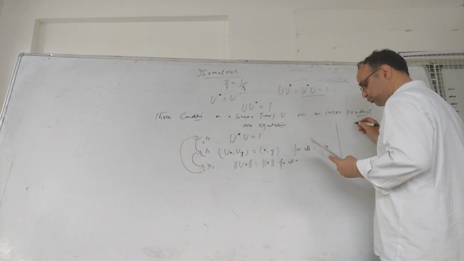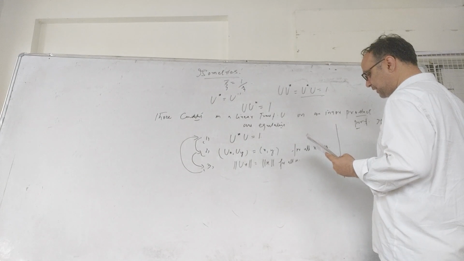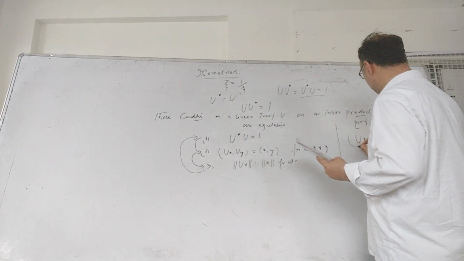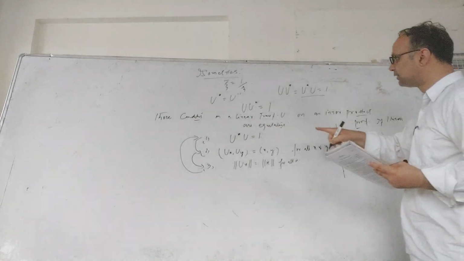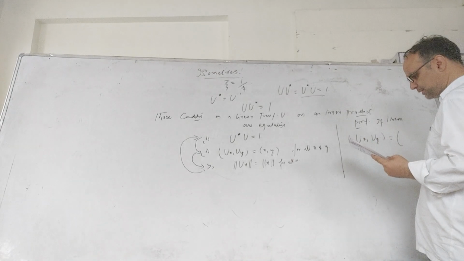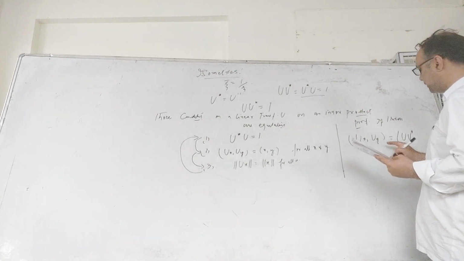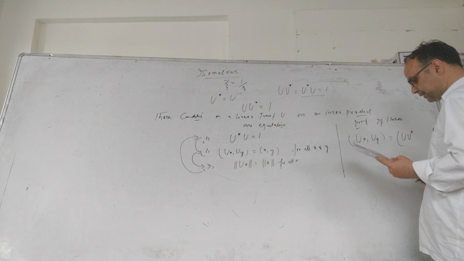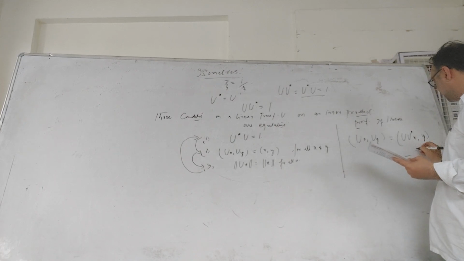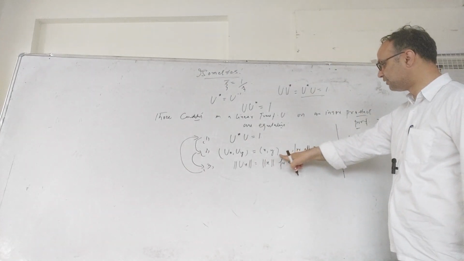For example, if one holds, then the inner product of U of x, U of y, since U star is U dagger, and U dagger U is 1, it doesn't matter, is equal to the inner product of x and y. So from this we have arrived at this.